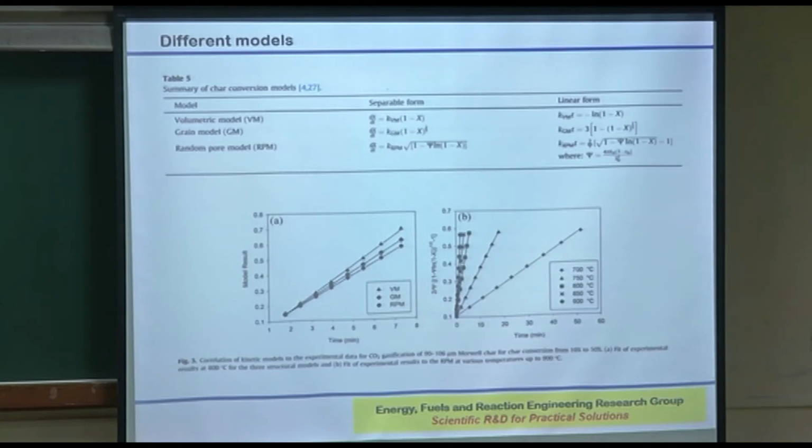Very popular with the students as well, because they can do a little bit of mathematical manipulation, and the factor psi, which is a structural parameter, which is nothing but a fitting parameter, very difficult to measure, is extremely popular with the students. So therefore it was also popular with her. But anyway, what she did was she applied the experimental conversion data to these individual models.